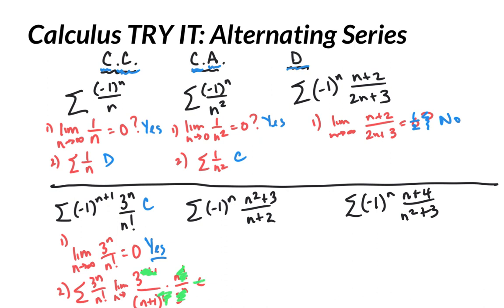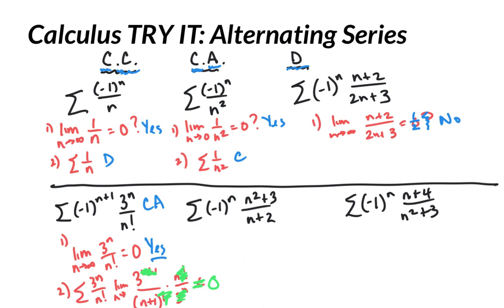So this limit, let me just put equals 0. This does converge. So this converges absolutely, because the series converges as well. Factorial in the denominator, it's probably a pretty good bet that it will converge. So converges absolutely. The limit was 0, and the series would converge even if it weren't alternating.